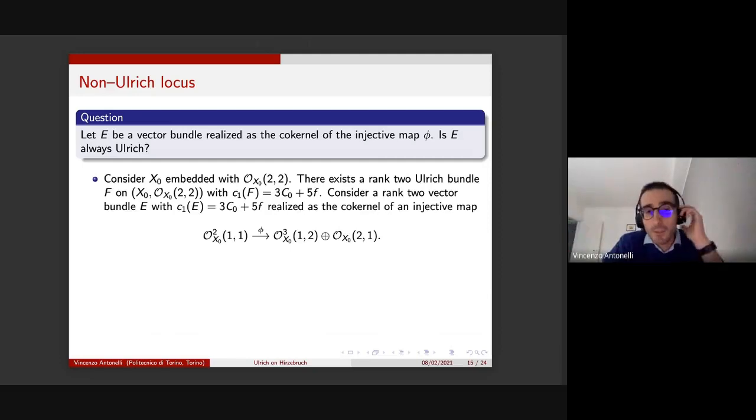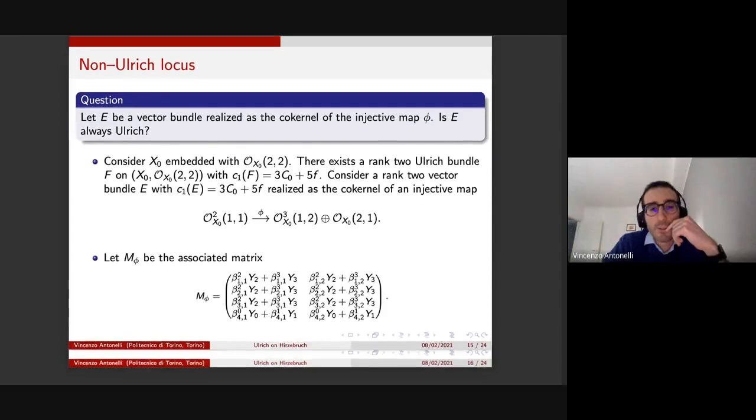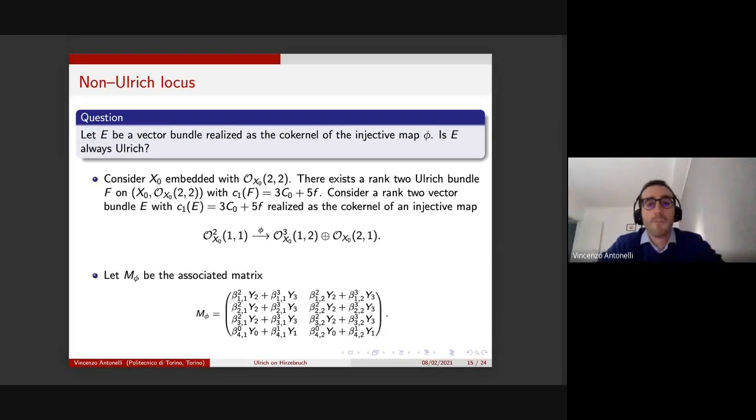And in this case, you can consider a rank 2 vector bundle described as the co-kernel of this injective map. When we saw the resolution, I told you that it's not linear, but it's not far from linear. And in this case of P1 cross P1, you can easily see this thing.